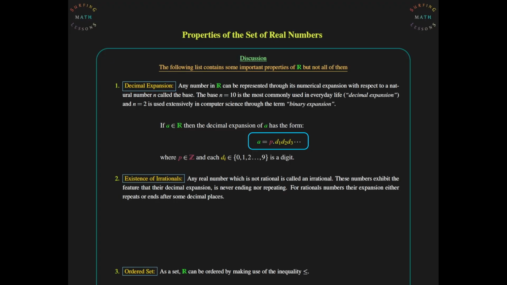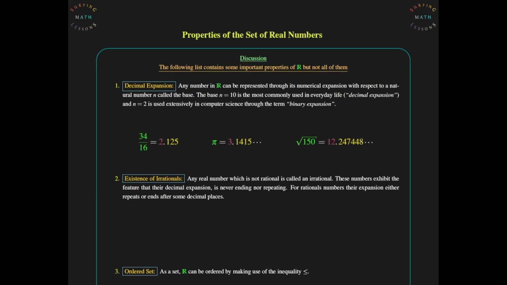That is to say that a can be represented by making use of its integer part and fractional part. For example, the numbers 34/16, pi, and the square root of 150 have the following decimal expansions.